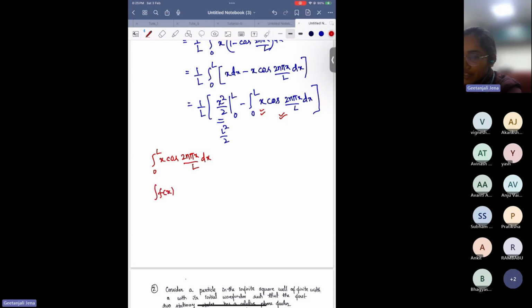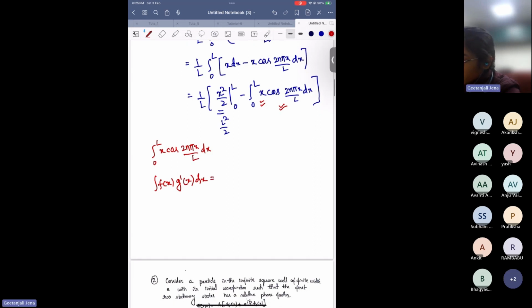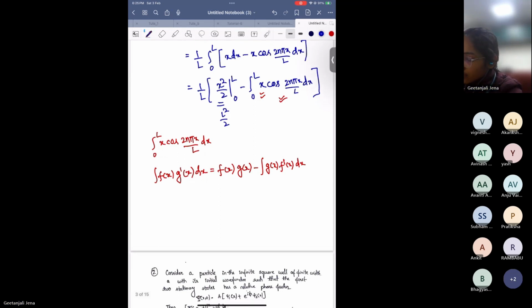If two functions are given, one is f of x, the other one is, let's say, g dash x, and you want to calculate its integration, then it will be given as f of x g of x minus the integration of g of x f prime of x dx. This is the integration by parts rule formula.